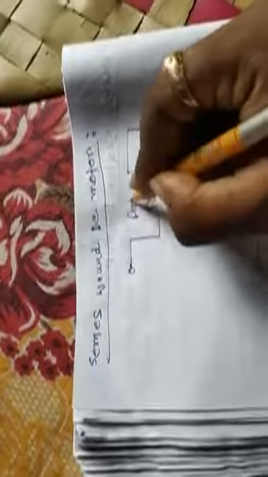This is the armature, this is the field winding, this is the armature winding, and this is the DC supply. This is the construction of a series wound DC motor.